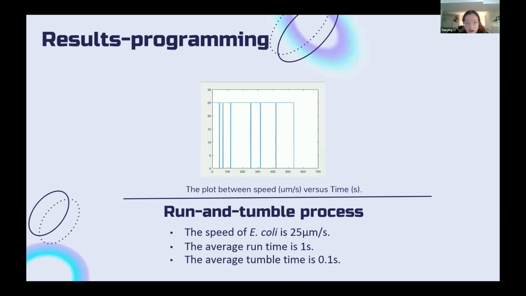Then we still use MATLAB to simulate the two-dimensional swimming process of an E. coli, which swims following a run and tumble process, knowing that the run speed of E. coli is 25 millimeters per second. The average run time is 1 second and follows an exponential distribution. The average tumble time is 0.1 second.